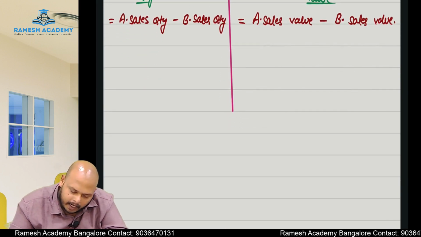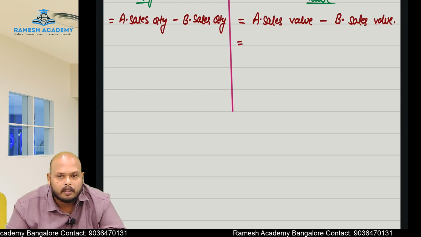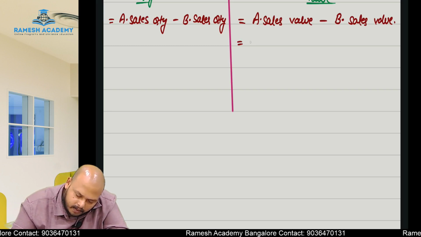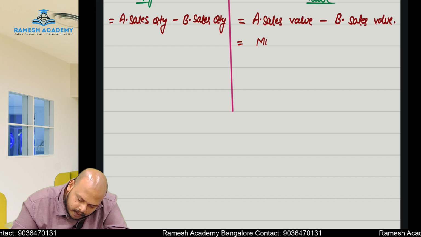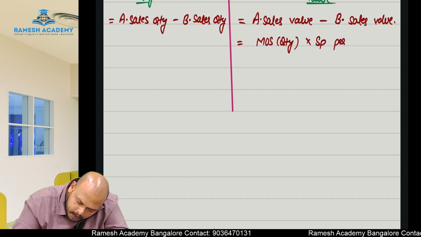Next, mathematics permits us to derive more formulas here. We can write: margin of safety value is equals to margin of safety quantity into selling price per unit.